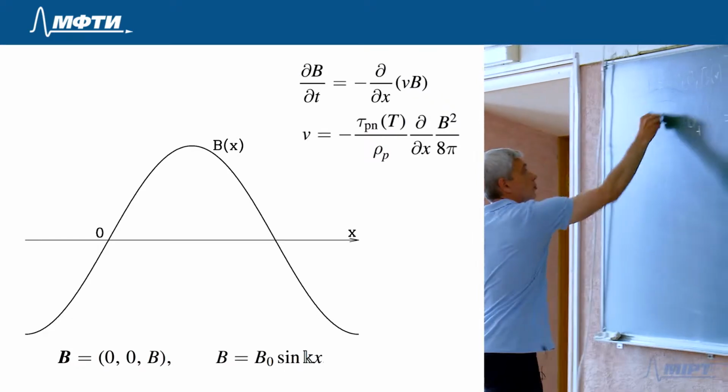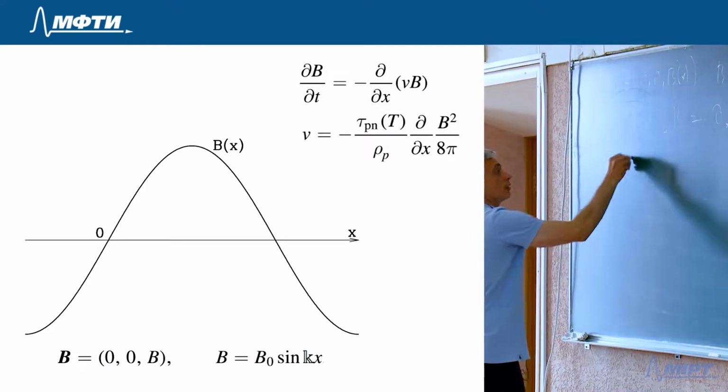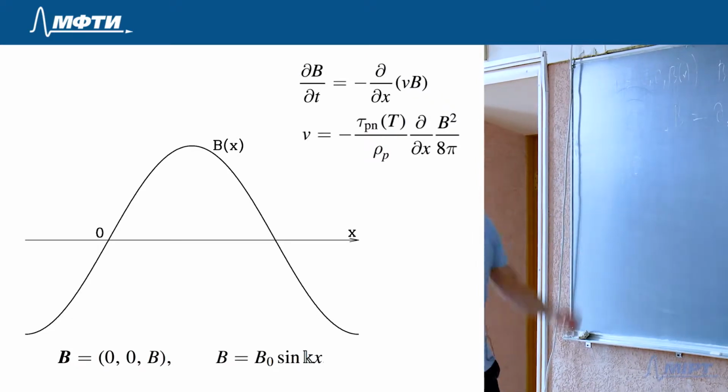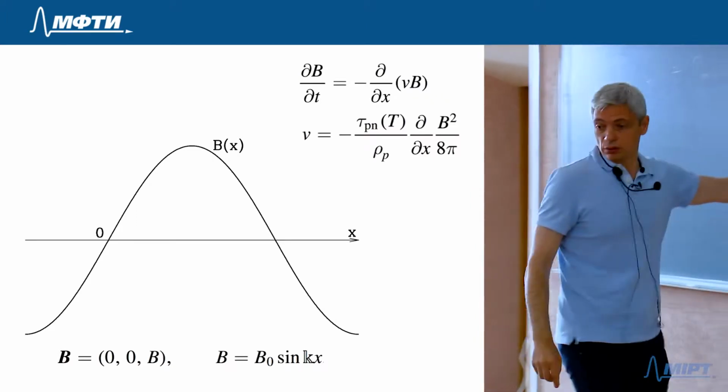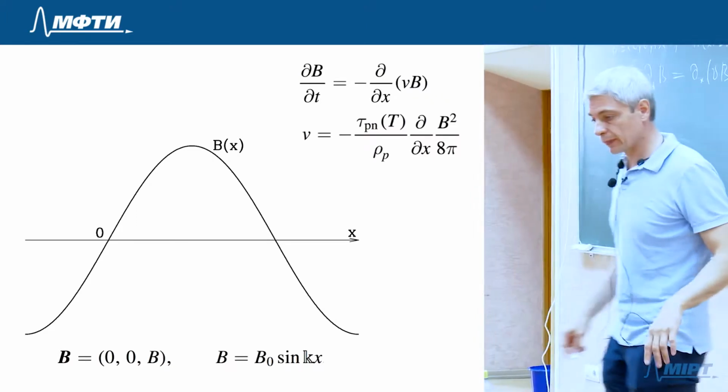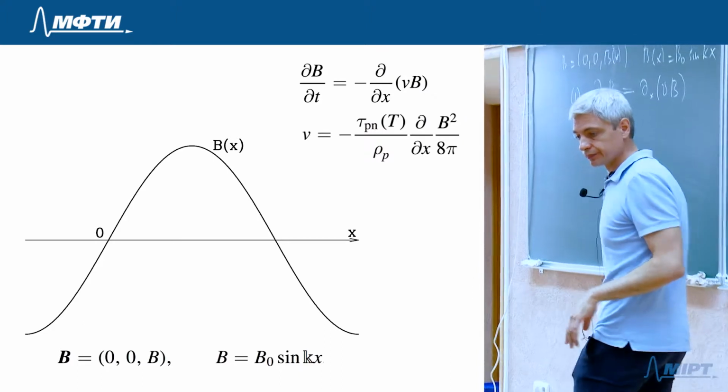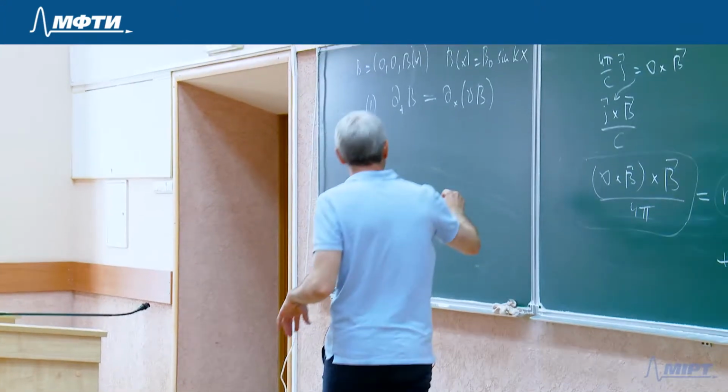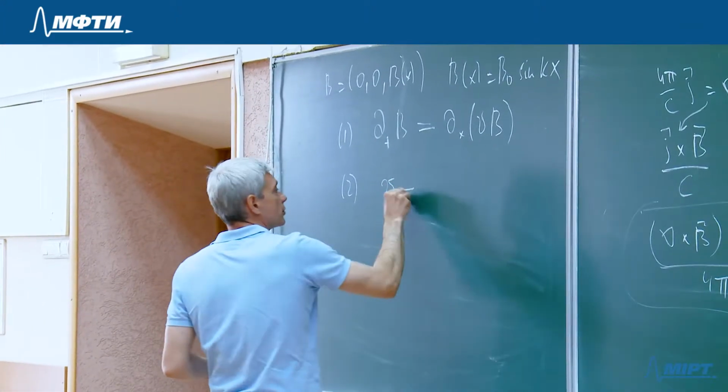There will be equation number 1, and there will be equation number 2. That's this one, which is the expression for velocity.